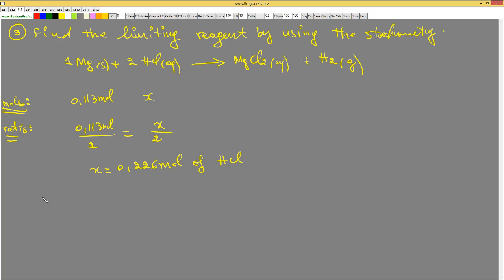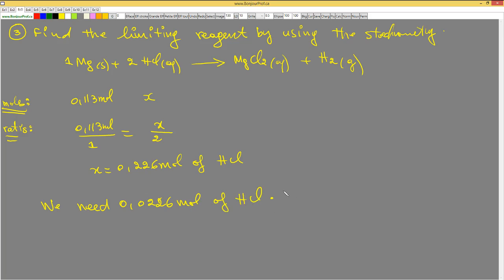And the sentence that we're going to write here: for HCl, we need 0.226 moles of HCl. This is what we need.